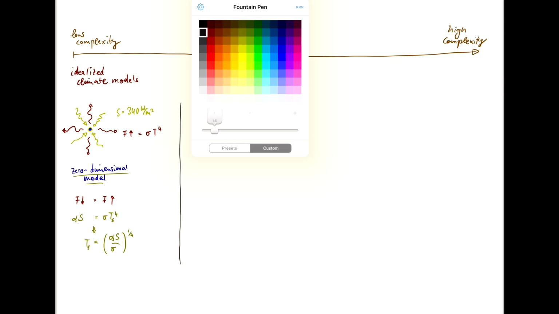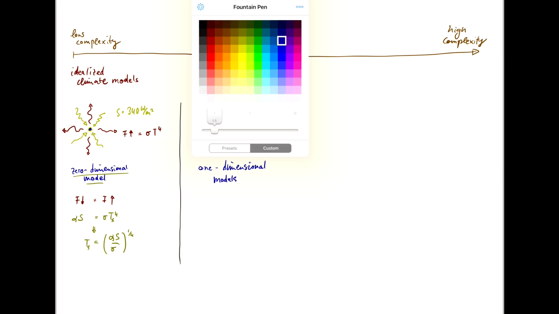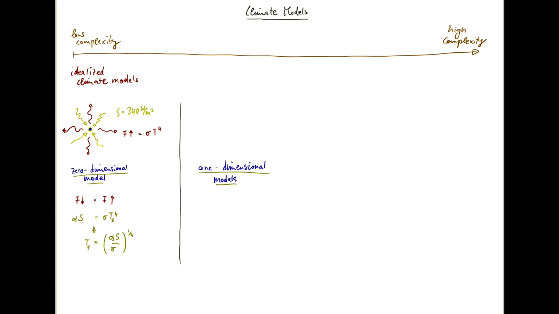Well, here we can consider some one-dimensional models. Before I talk about one-dimensional models, let me just say the reason why we use idealized climate models is because sometimes we want to understand certain aspects of the climate without going into great detail of all the different complex processes that are going on.